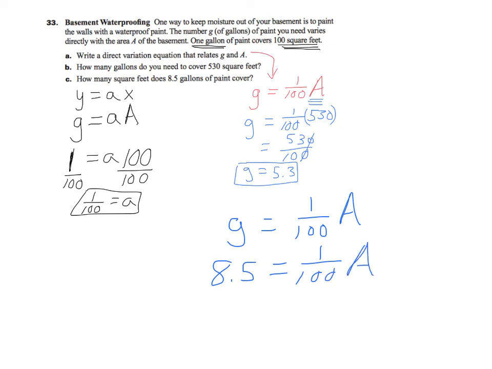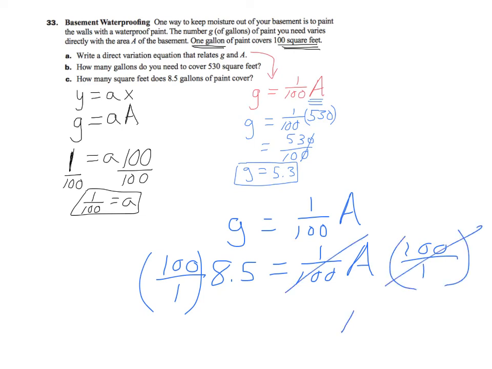It looks like A is being multiplied by 1/100th. So if you divide by 1/100th, or multiply by its reciprocal, it would be the inverse operation, and we could get A by itself. These would cancel out, and we'd be left with A equals 100 times 8.5, which is 850 square feet.